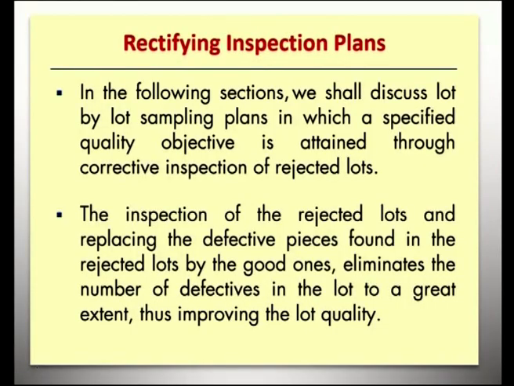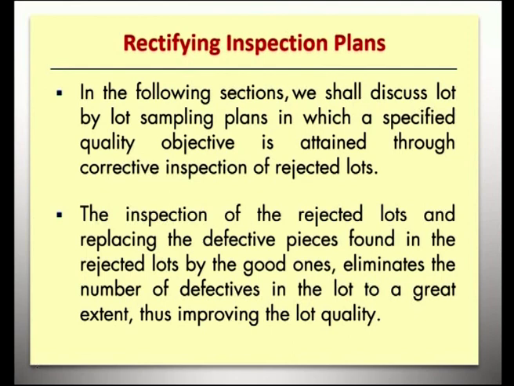That kind of rectifying also has to be done by the producer. Therefore, he has to design a rectifying inspection plan for that. In the following sections, we shall discuss lot by lot sampling plans in which a specified quality objective is obtained through corrective inspection of rejected lots.